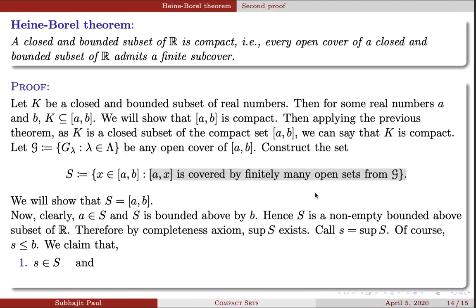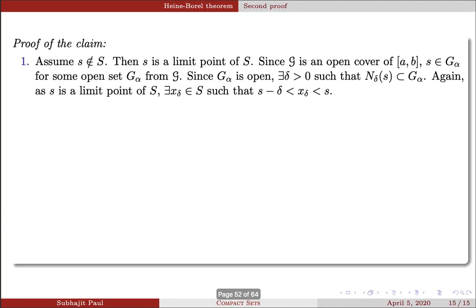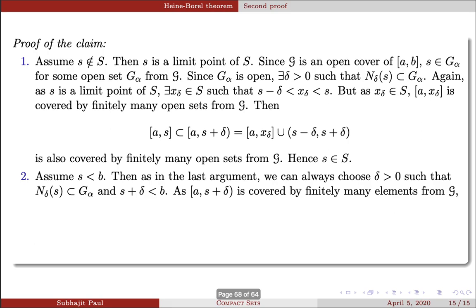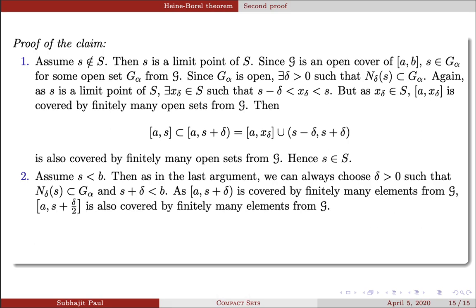But let's come back once again quickly. Yes. So A to S plus delta by 2, this closed interval is also covered by finitely many elements from G, because A to S plus delta by 2, this closed interval is inside this interval A to S plus delta.